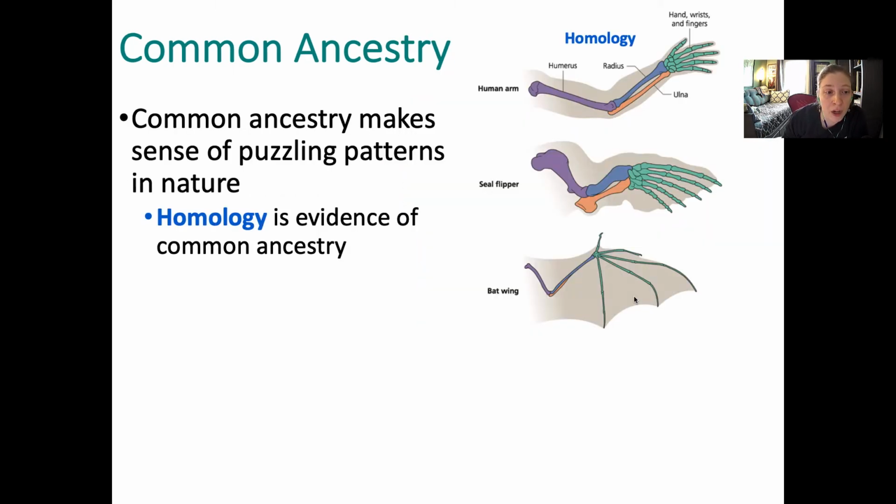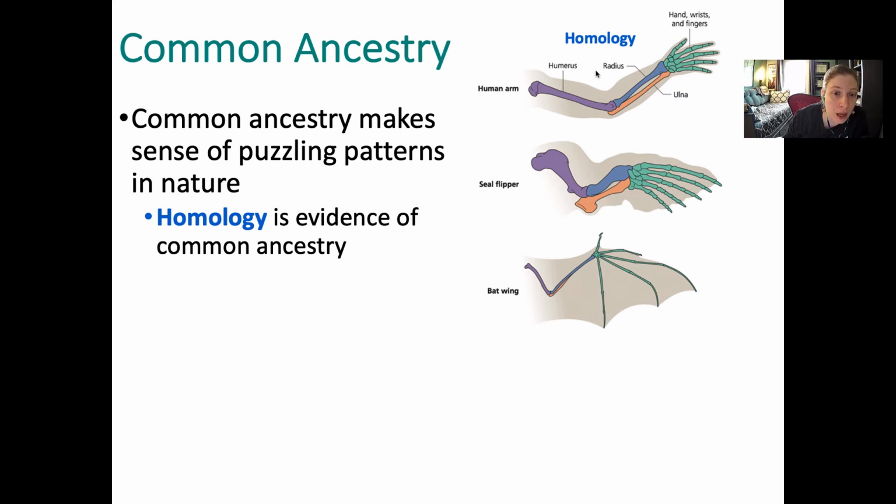Common ancestry makes sense of some really puzzling patterns in nature. Homology is the vocab word we use to describe how common ancestry is observed in today's living things. For instance, if you look at vertebrates, here we have a human arm, a seal flipper, and a bat wing.